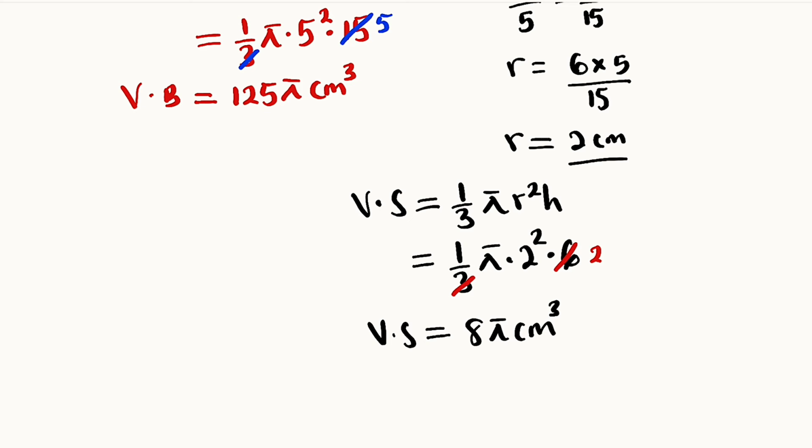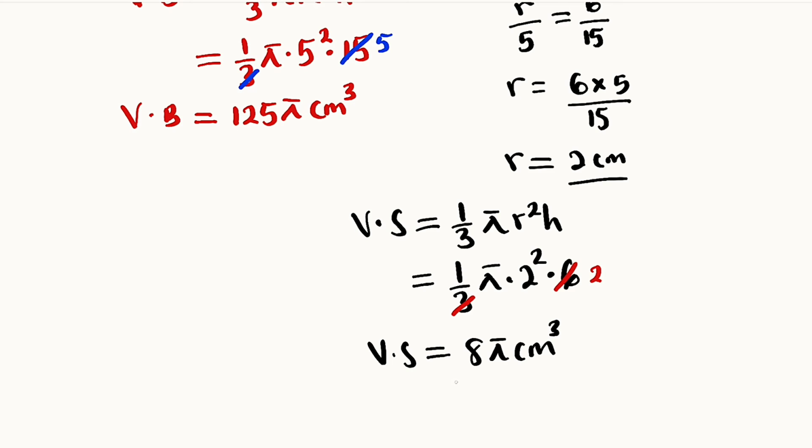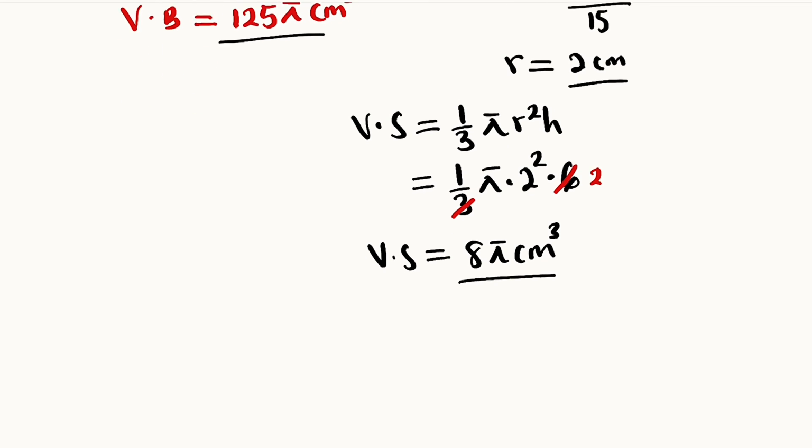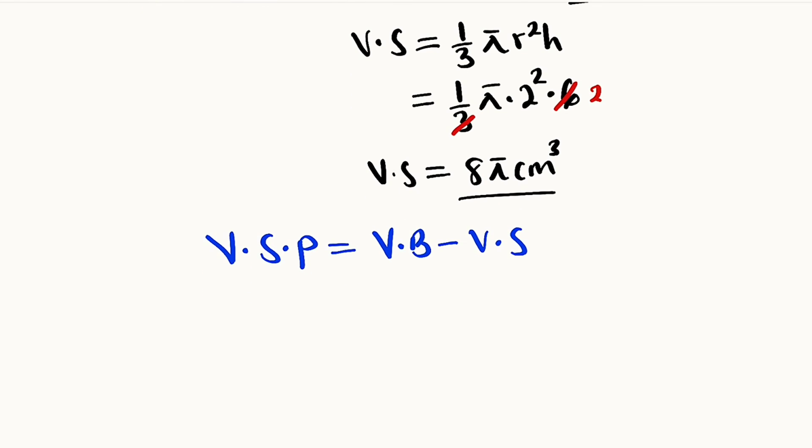So now we are free to find the volume of the shaded part by subtracting this smaller volume from this bigger volume. Therefore, the volume of the shaded part is equal to the volume of the bigger cone minus the volume of the smaller cone.